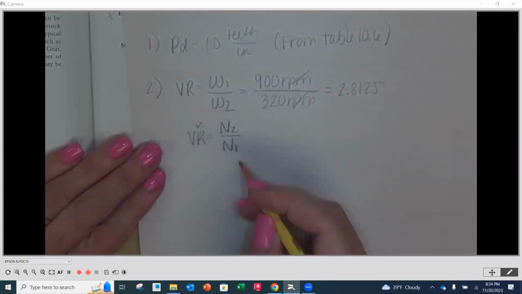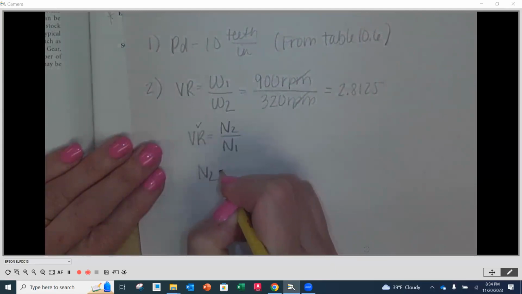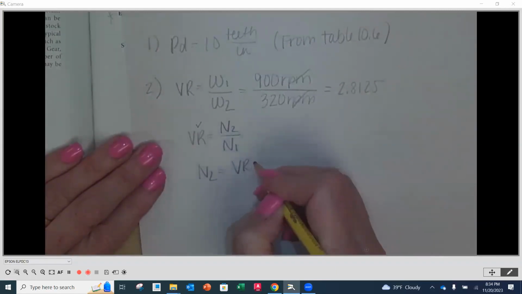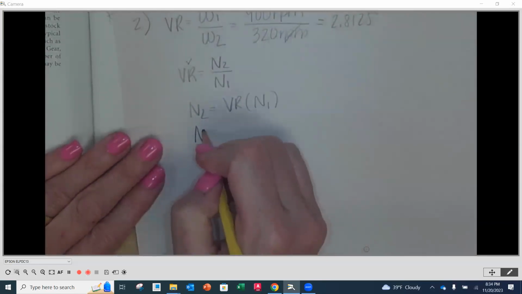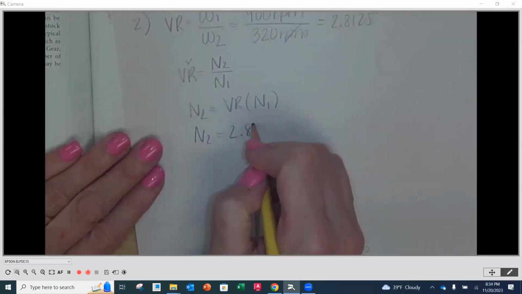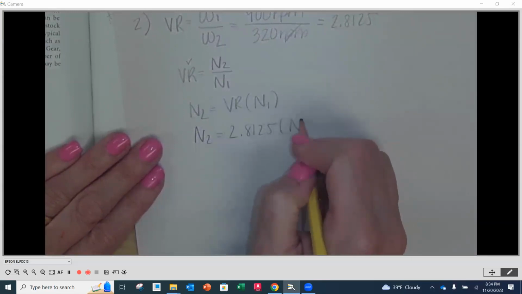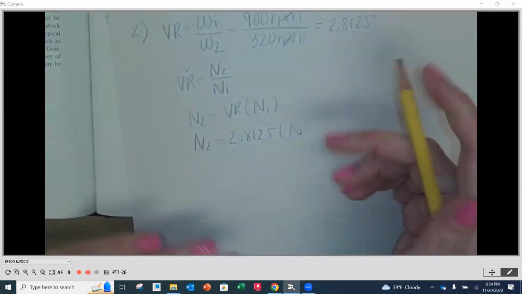So we're going to rearrange this. N2 is going to be equal to the velocity ratio times N1, or N2 is equal to 2.8125 times N1.